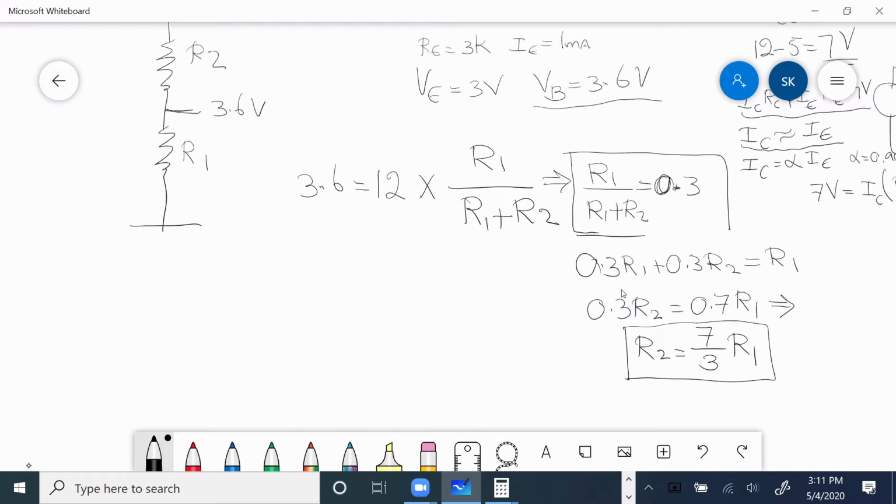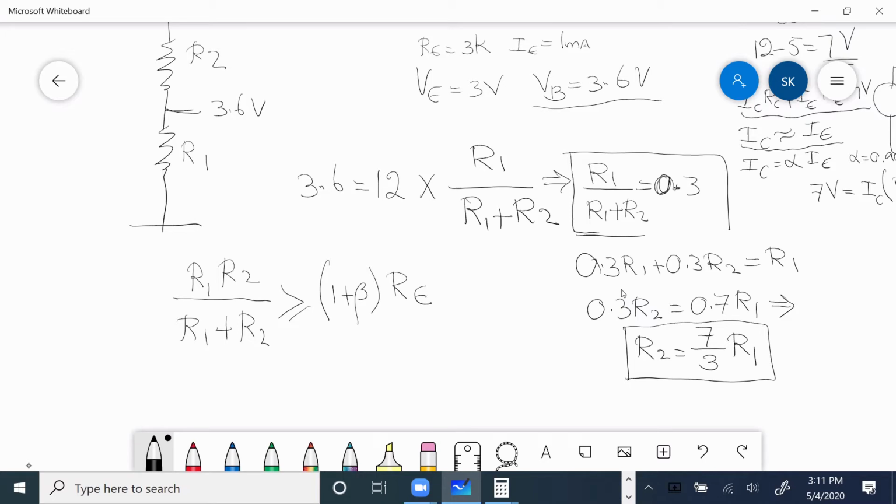And again, we will have R1 R2 divided by R1 plus R2 must be much smaller than 1 plus beta RE.